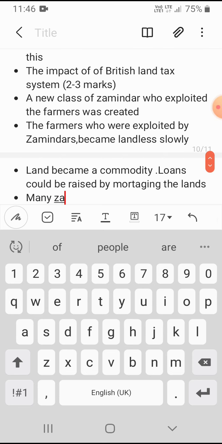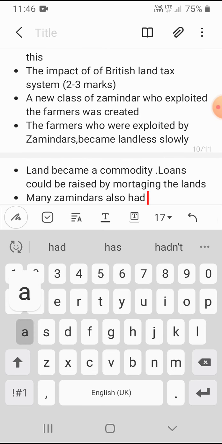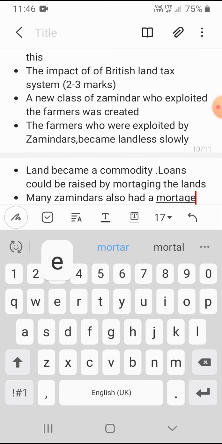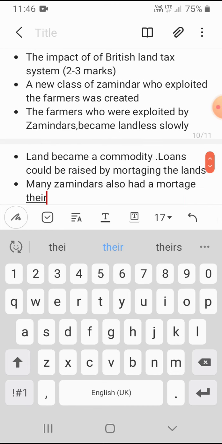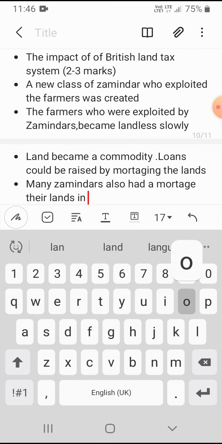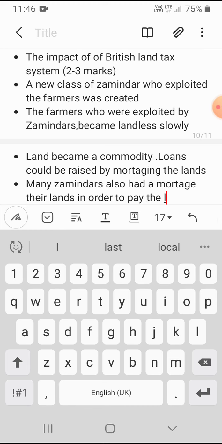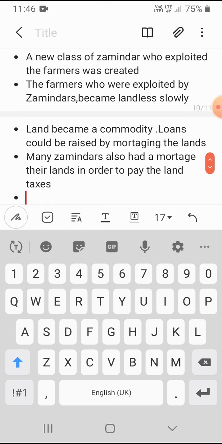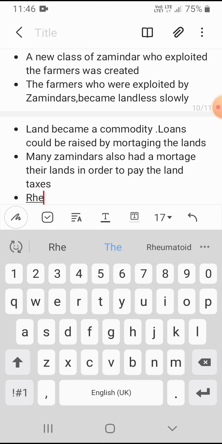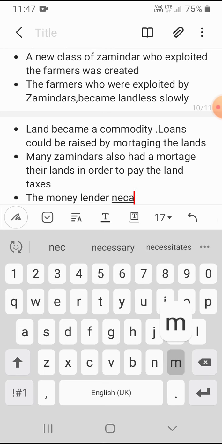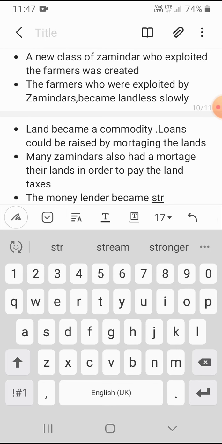Zamindars also mortgaged their lands in order to pay the land tax. So many zamindars also kept their land to get loans, and the money lender became stronger.